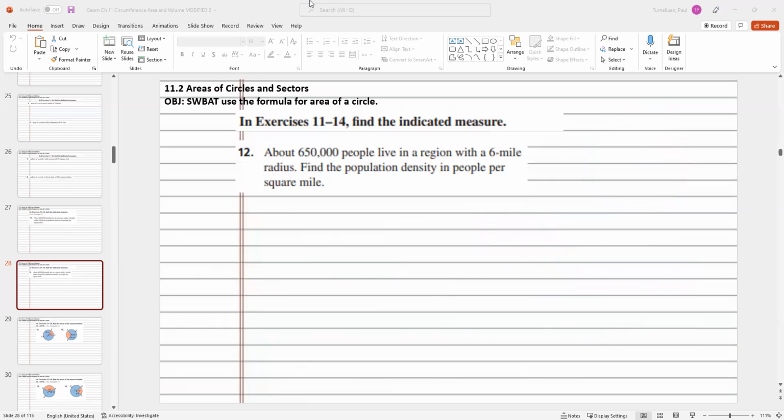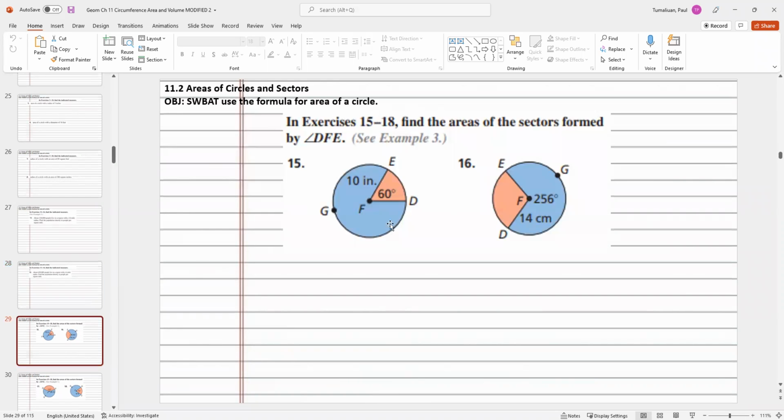Next one. This is the breakout room questions. So find the areas of the sectors formed by angle DFE.